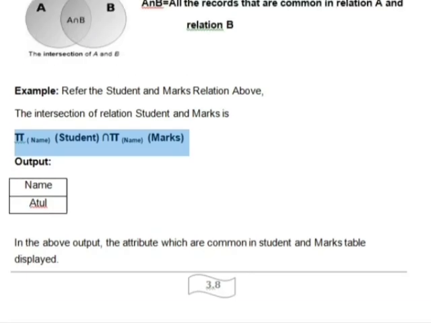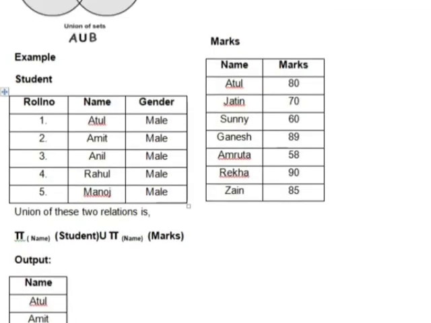Why only Atul? Because in this example we have names Atul, Amit, Anil, Rahul and Manoj in the student table. In the second relation, the marks relation, we have names Atul, Jatin, Sunny, Ganesh, Amruta, Rekha and Zain.